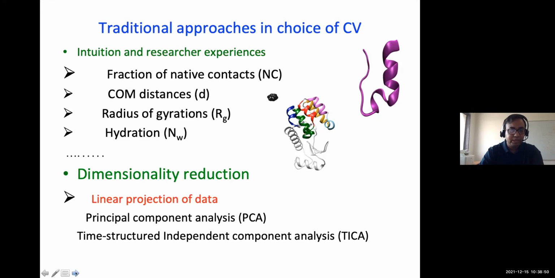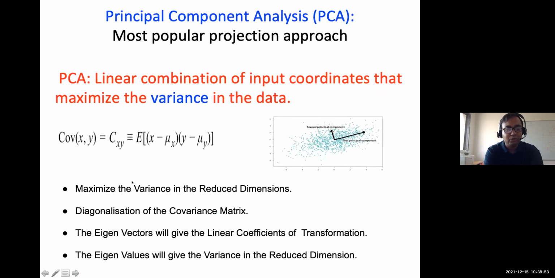So what it boils down to is that we have to think about either an approach like PCA, or principal component analysis, where you try to find a combination of input coordinates which will maximize the variance of the data along a particular dimension, and we project our simulation trajectory on that particular coordinate along which the variance is maximized.